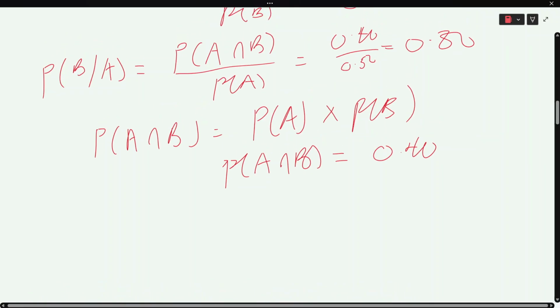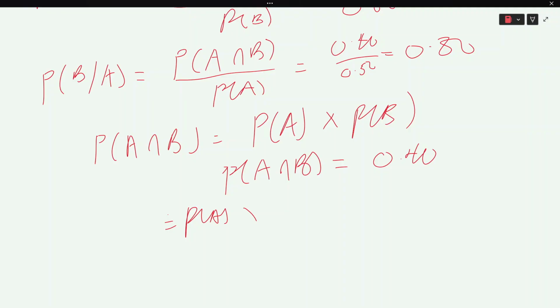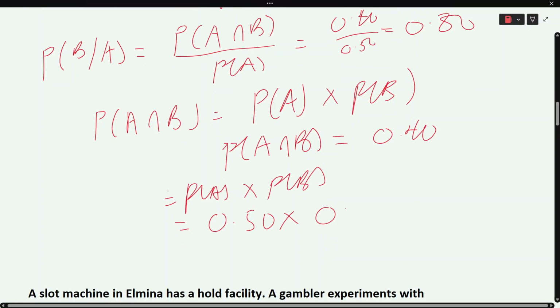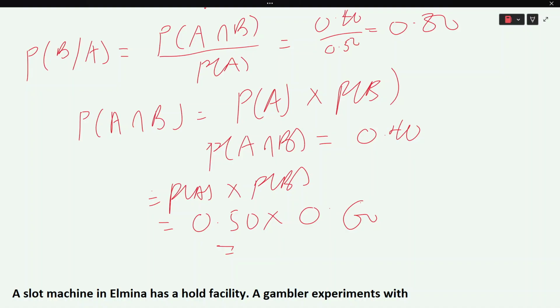The probability of A is 0.5 and the probability of B is 0.6, so 0.5 times 0.6 is 0.3.